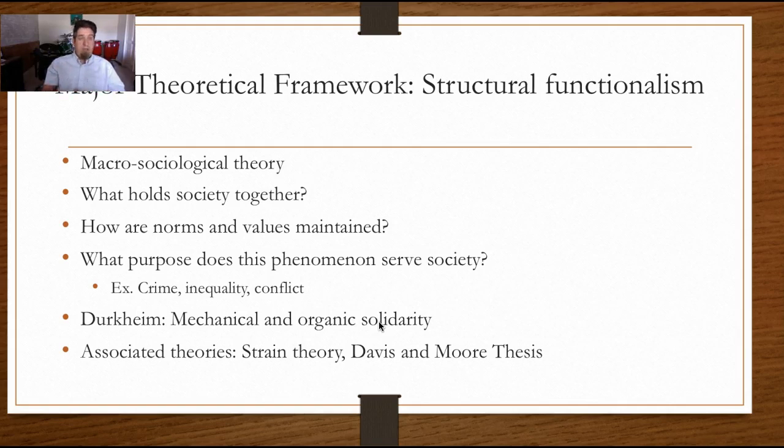I discuss a lot of this in social problems and intro to sociology and so forth. And strain theory is a theory on crime. Again, this is one that I discuss a lot in the other classes. Feel free to look into these other theories on your own time if time allows.